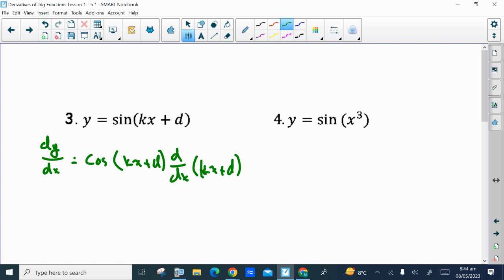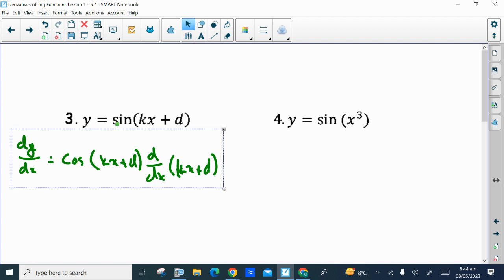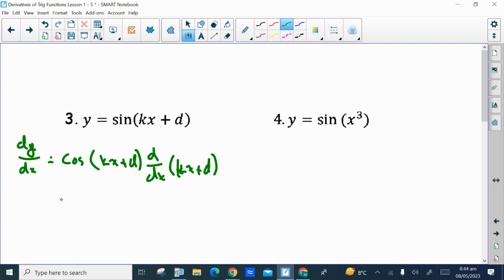Okay? You're differentiating with respect to x. Because it's dy by dx, that's the derivative of y with respect to x. So that means any variable that doesn't have an x is a constant, right?